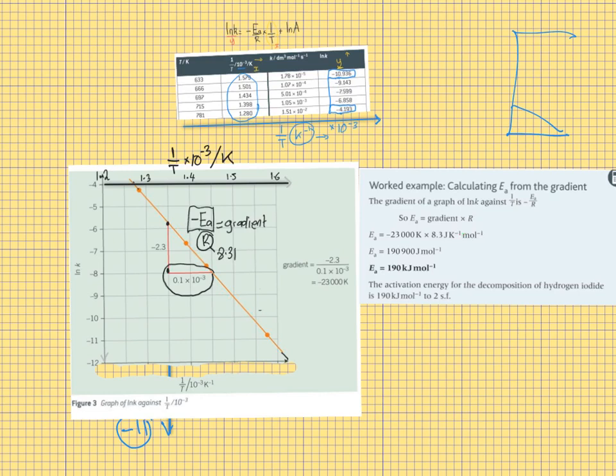The gradient was minus 23,000 Kelvin times by your gas constant, which is 8.3 joules per Kelvin per mole. So notice that Kelvin cancels out, and therefore the activation energy comes out as joules per mole. If we divide this by 1000, the activation energy for this particular reaction is plus 190 kilojoules per mole, and that is to two significant figures.